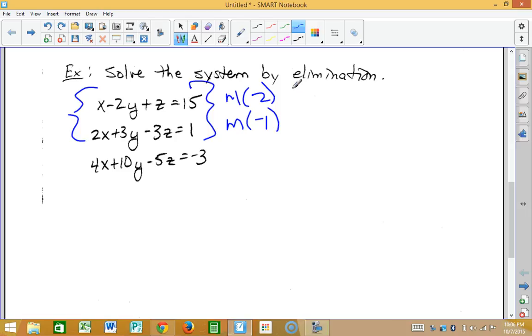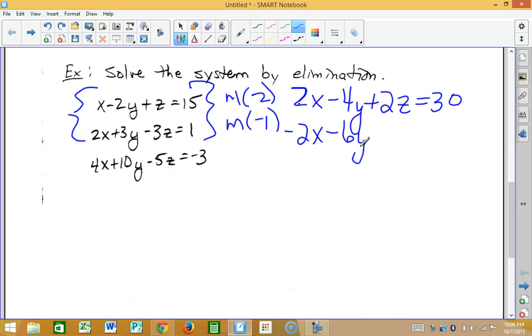So when we multiply, we end up with 2x minus 4y plus 2z equals 30, and we end up with negative 2x minus 3y plus 3z equals -1.